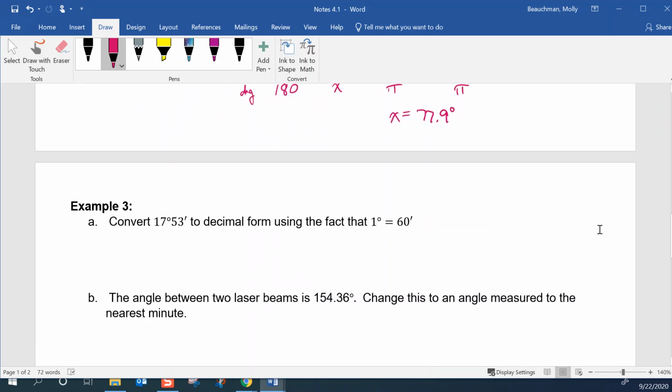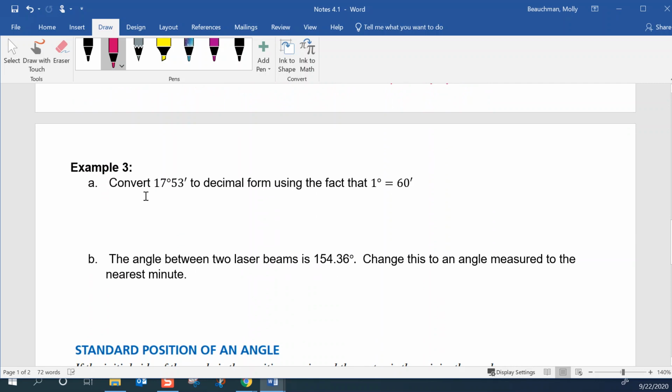All right, next example. We want to convert 17 degrees 53 minutes to decimal form using the fact that 1 degree is equal to 60 minutes. So we're going to keep the 17, and we're going to have 17 point something. If we have 53 minutes and 1 degree equals 60 minutes, to find the decimal part, that's 53 out of 60.